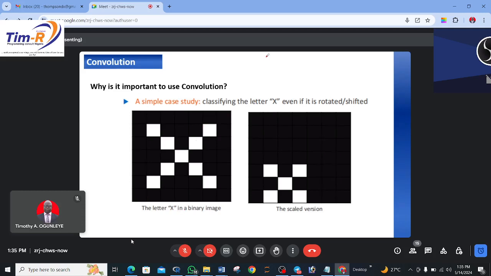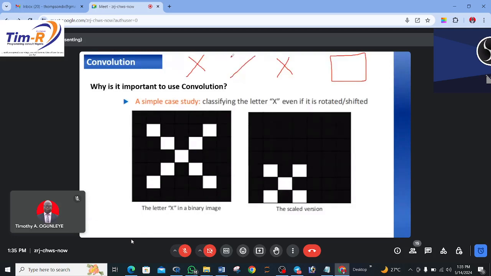For example, let us say I wrote the letter X here. Now how can I turn my writing into a binary image? It is very simple. Just imagine I have the X here.